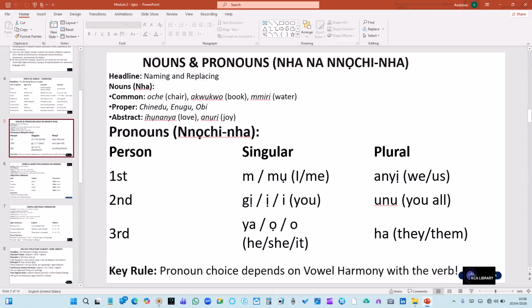Then we have third person, where the singular form is ya or ọ, and ha in plural form, which means they or them. The key rule here is that pronoun choice depends on vowel harmony with the verb.